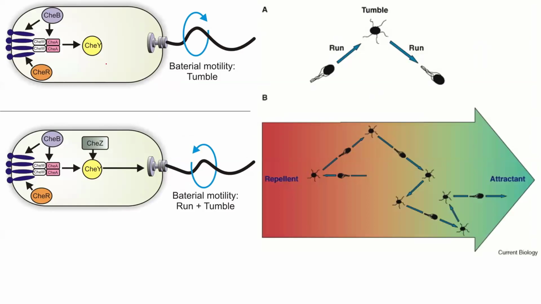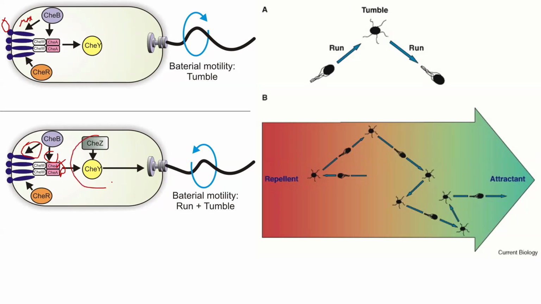So again, this is where you have CheB making methyl groups, allowing for the sensing of an attractant. So CheB, again, gives the ability to sense an attractant, blocking phosphorylation of CheA.